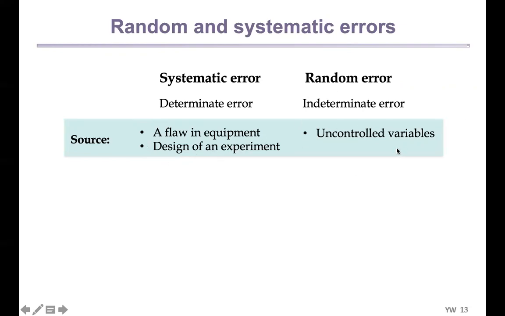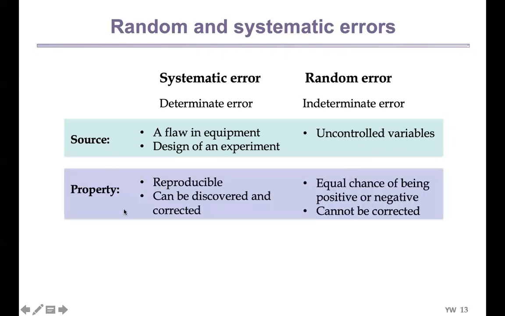While random error is kind of uncontrolled variables. Okay? For the property of the two different types of errors, the systematic error is reproducible. So like I said, if the pH meter always gives you a higher reading of a buffer, then it will always give you a higher reading to other solutions. And it can be discovered and corrected.